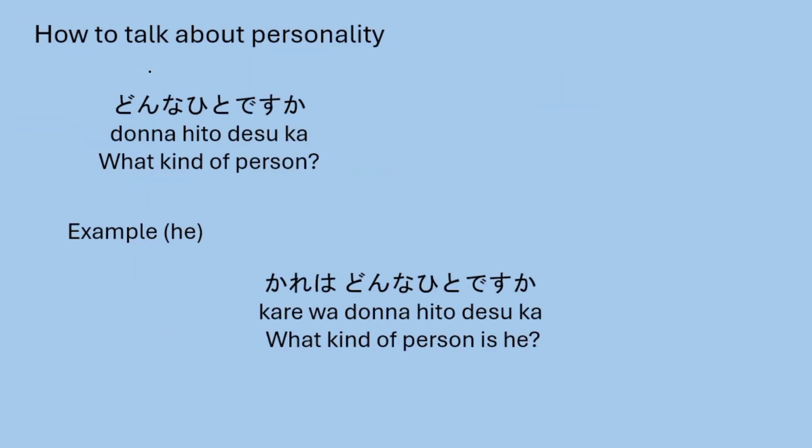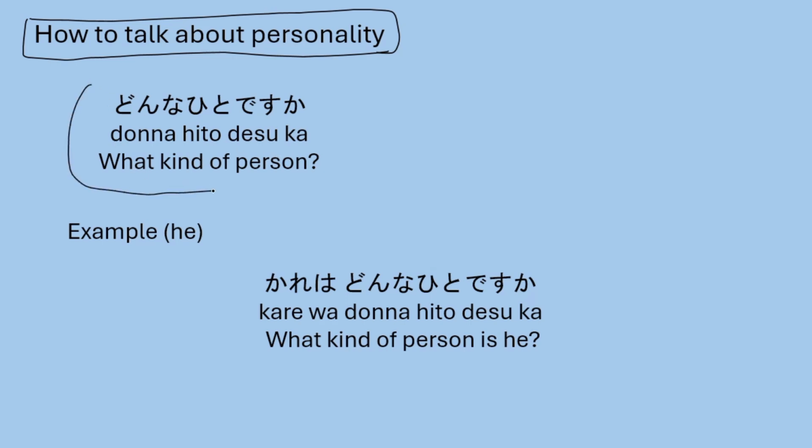Now let's talk about how a person can talk about personality. How can a person say what kind of personality this person has, what kind of person he is? So: donna hito desu ka? It means what kind of person.